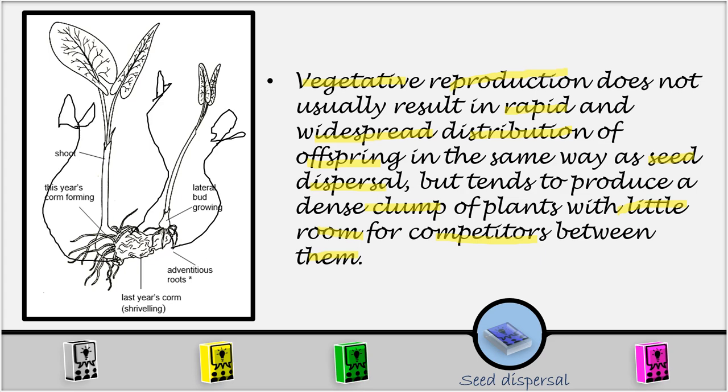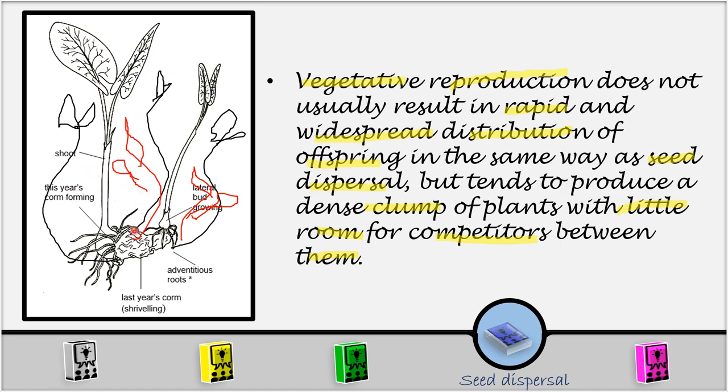And now what is the advantage of that? The advantage is that we shall not have a competitor plant growing between them. These competitor plants will not grow between them because these plants are going to suppress them.